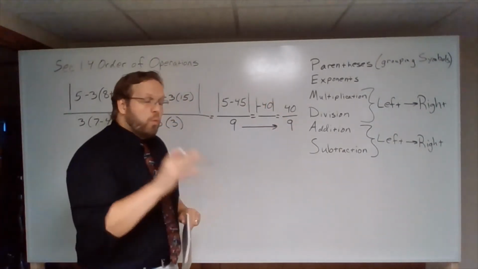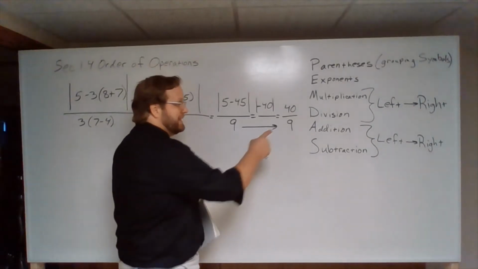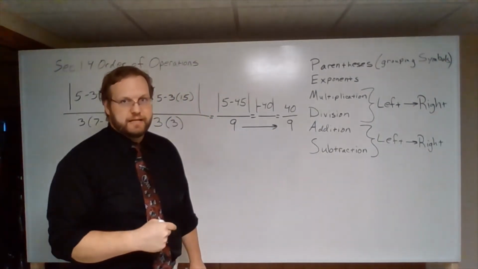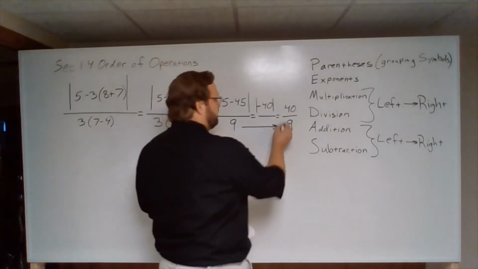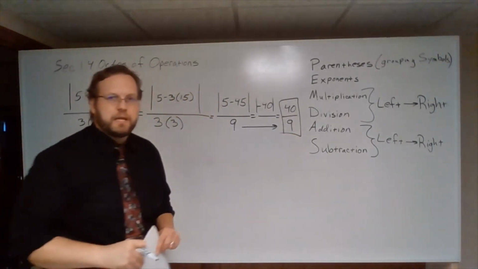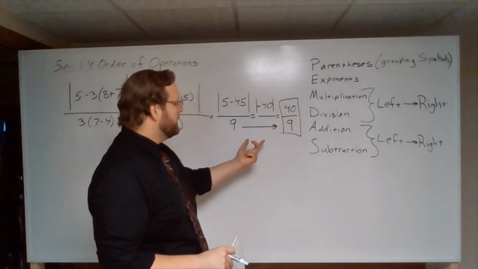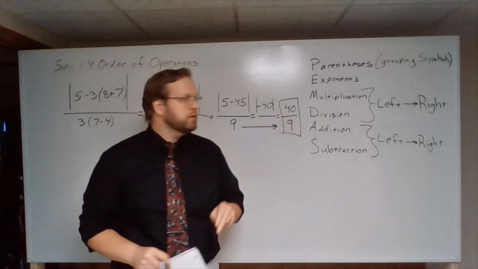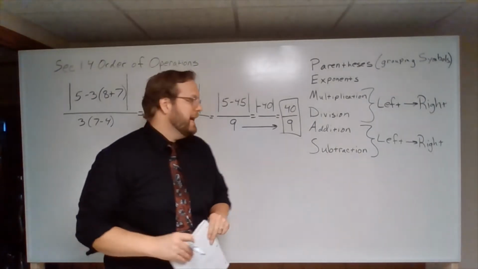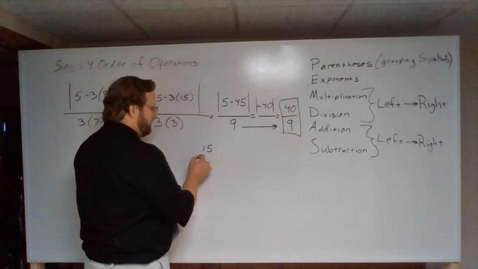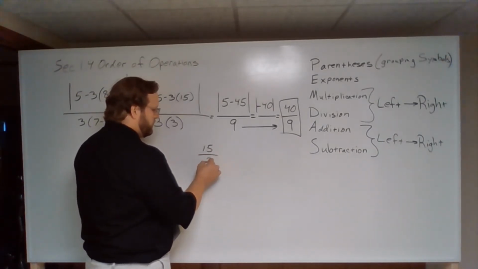Now, one thing I want you to be aware of is at this point, sometimes those fractions can then be simplified after that. But in this case, that's the best we got. When I say simplify, I don't mean to write this as, what would that be, 4 and 4/9 as a mixed number. That's not what I mean by simplify. I mean something like 15 over 3. I wouldn't leave that.